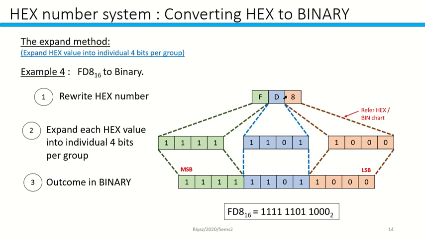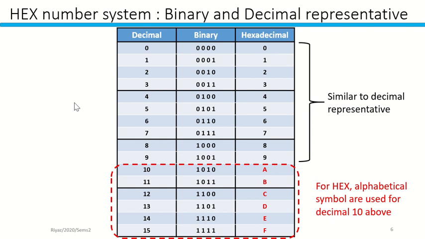Each digit in hexa will represent 4 bits of binary. For example, over here 8 in binary is 1000. You can always check back your chart. For example, this is hexa 8 and the binary is 1000.